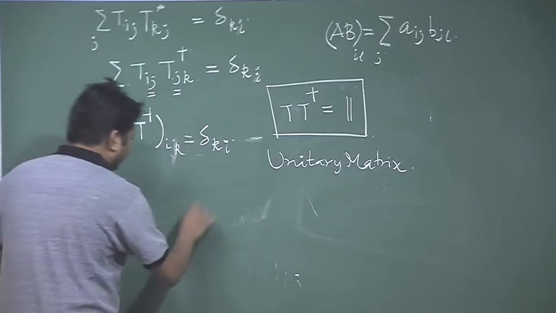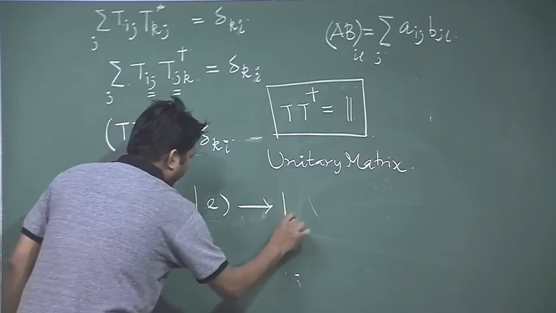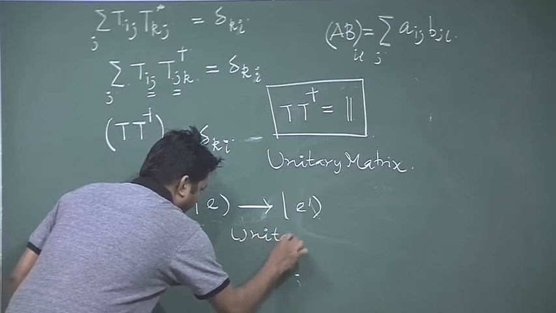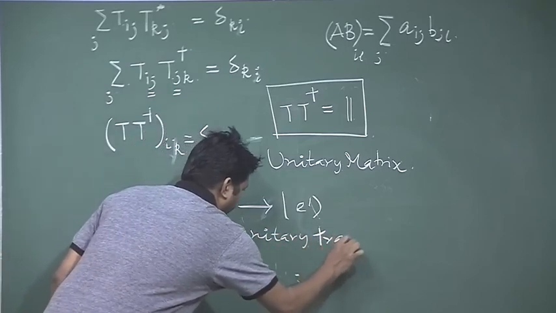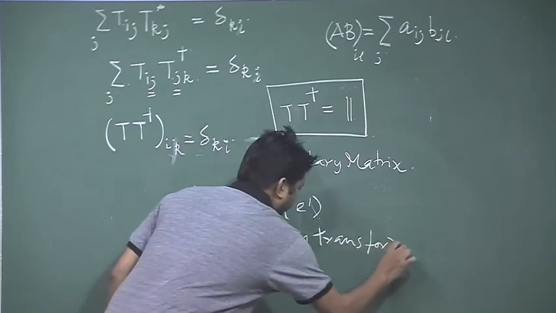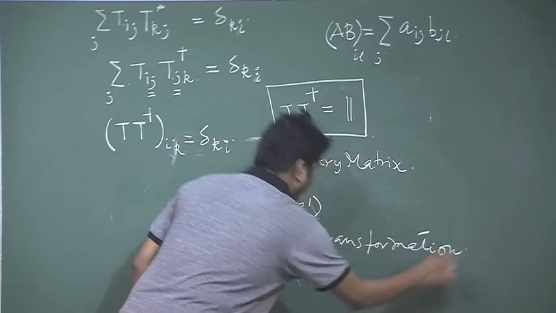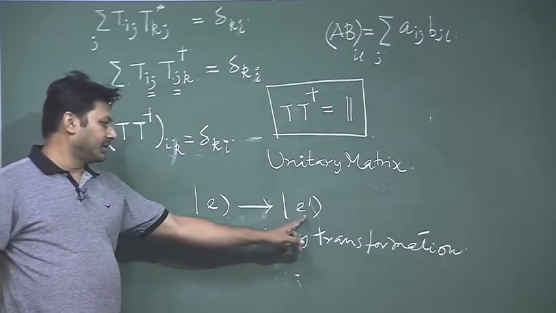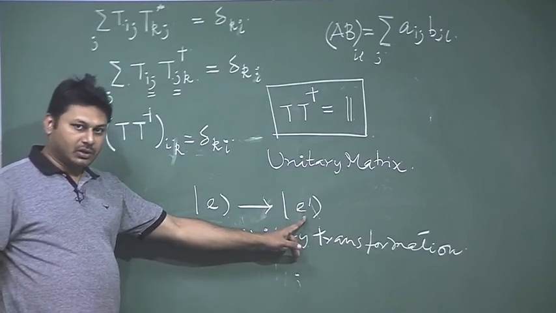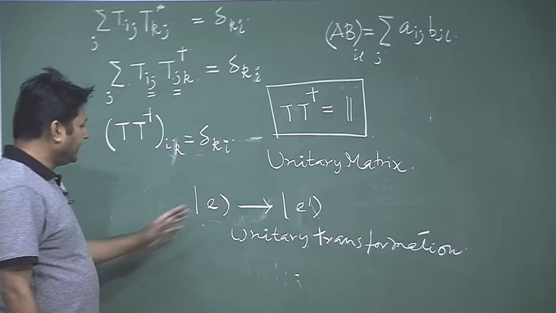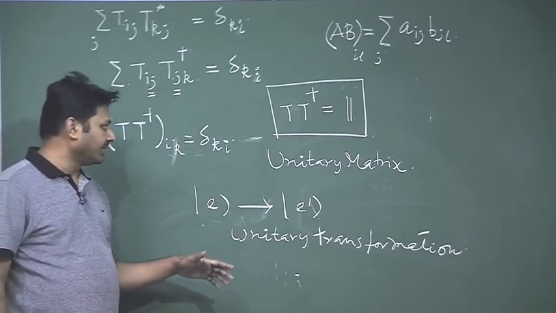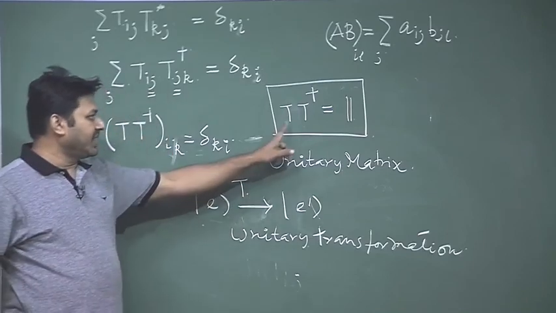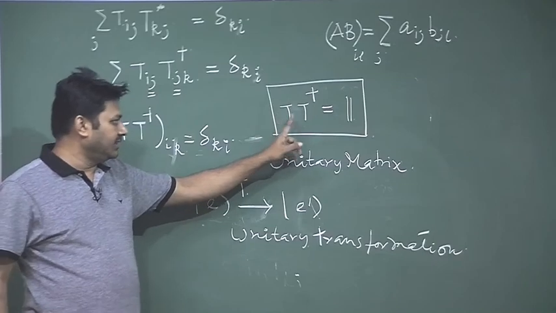So this transformation E to E prime has to be a unitary transformation, so that both the bases form a set of orthonormal bases. So here E and E prime, both the bases are forming orthonormal bases, under which condition they are transforming by a matrix T, but this T has to follow a rule, that is T T dagger is equal to 1.